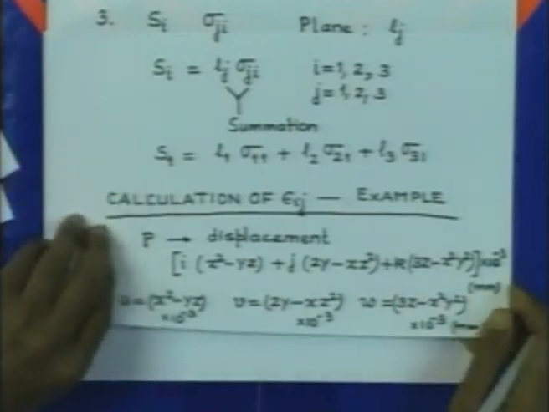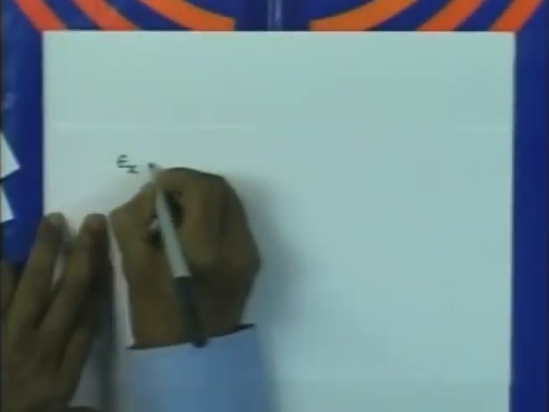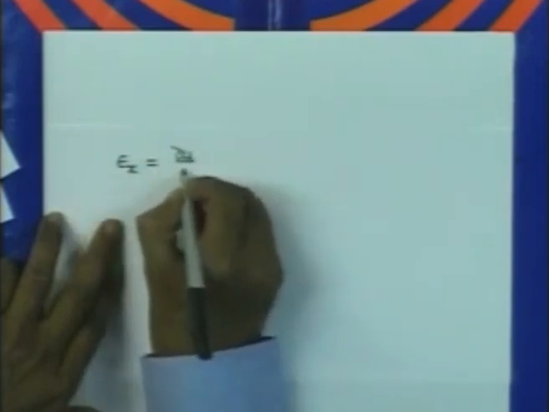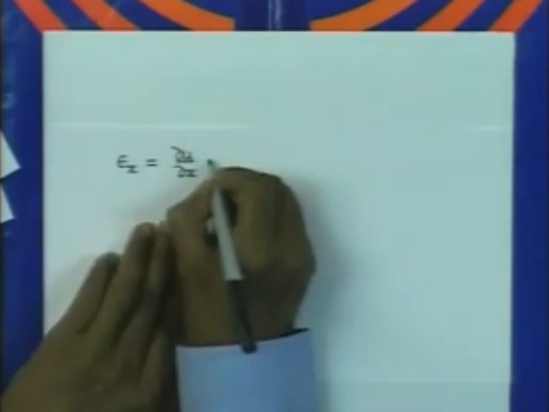Now using these displacements, we would like to calculate the strain components particularly. So if I now consider epsilon x, this is given by delta u delta x.